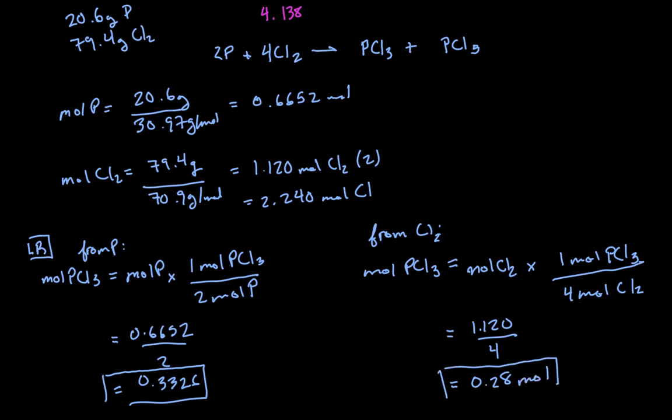All right. If these numbers had been equal, then we wouldn't have had a limiting reactant, but because this one is smaller than the phosphorus one, that means that chlorine is our limiting reagent. So that means we're going to get this many moles of PCl3. Let's write that over here somewhere.